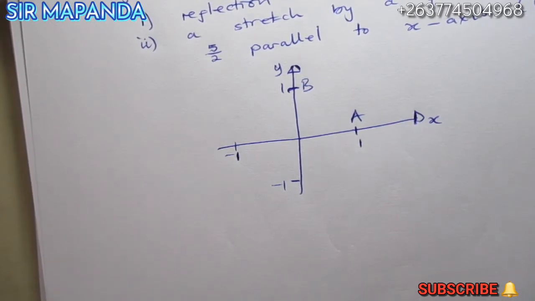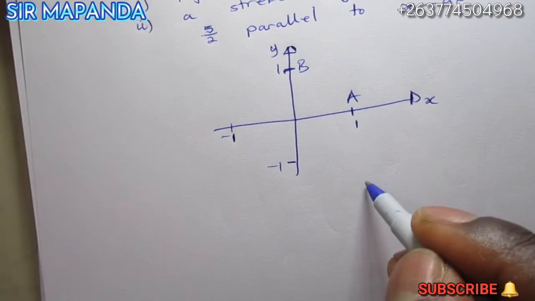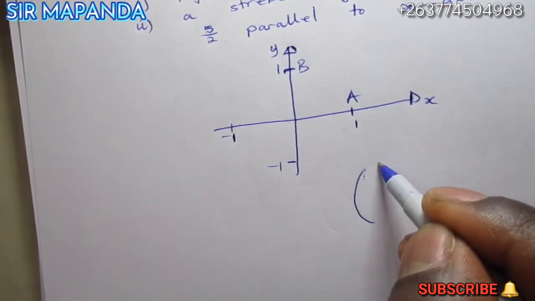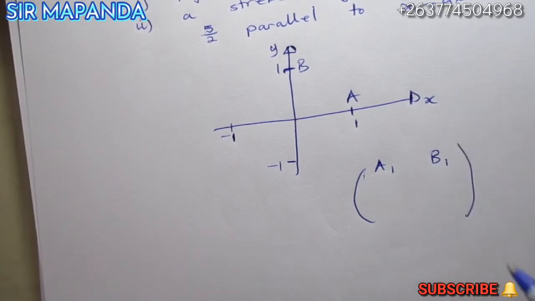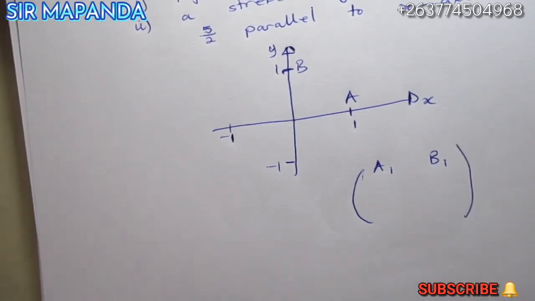I hope you are following. Right. So our matrix is going to be made up of A1 and B1, where A1 is going to represent the image of A, and B1 is going to represent the image of B after the reflection.